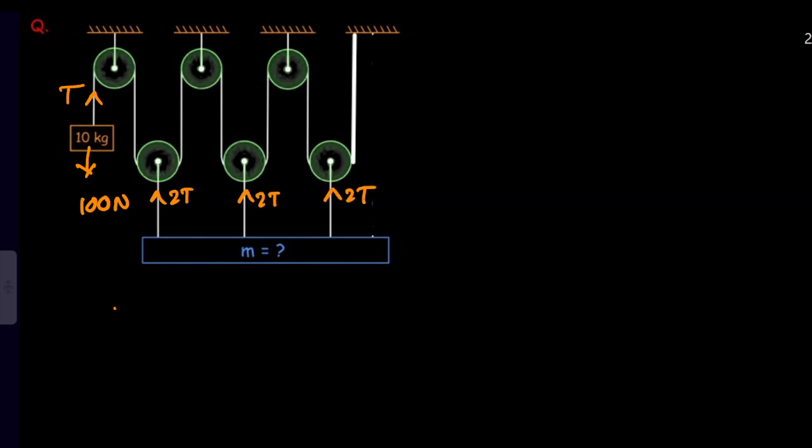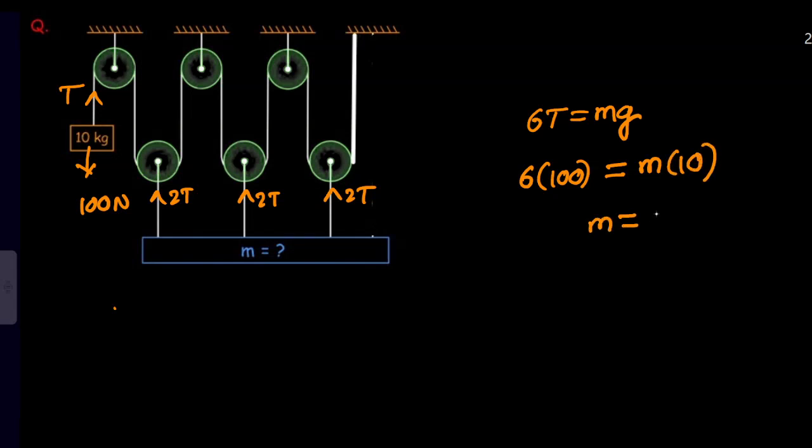This also 2T. Yeah, 60 equal to mg. So that is 6 into t value 100, which is equal to m into g value 10. So that m is equal to how much now? 60 kg.